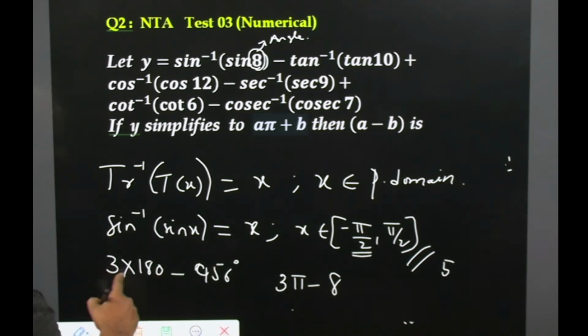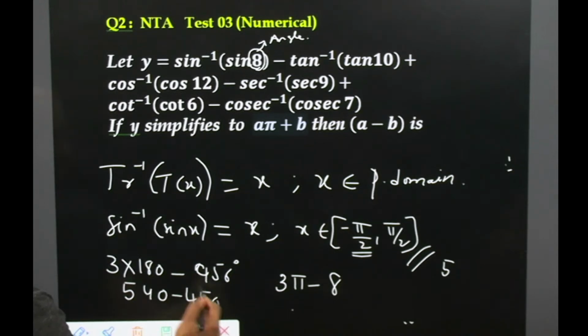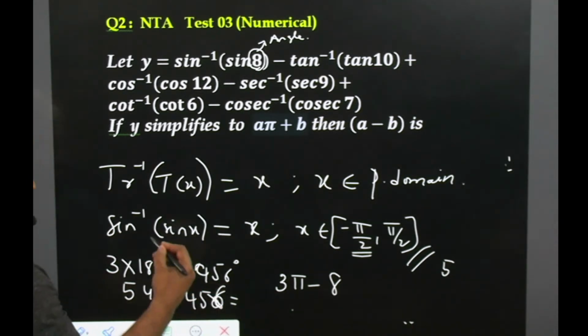How much are we getting? 3 pi means 540. Minus 450. How much? Nearly 100 plus 90, but here 6 is there, into 17 degrees, 17 minutes will be there.